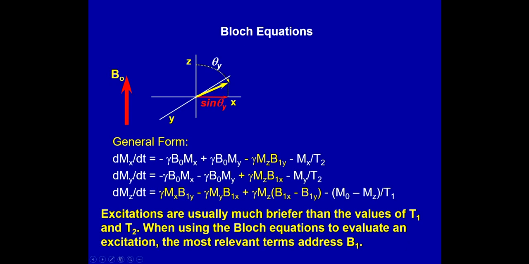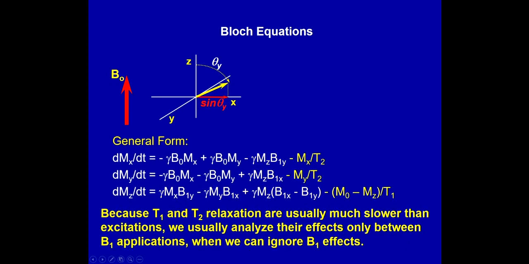So when we're talking about B1, which is the jargon for the oscillating magnetic field, we can ignore most of these terms and focus on what's yellow here. Then when we talk about T1 and T2 relaxation, because those are so slow, we can usually ignore everything else.